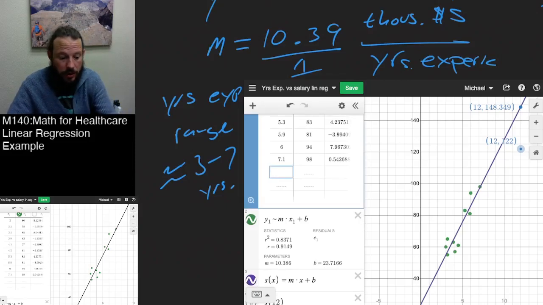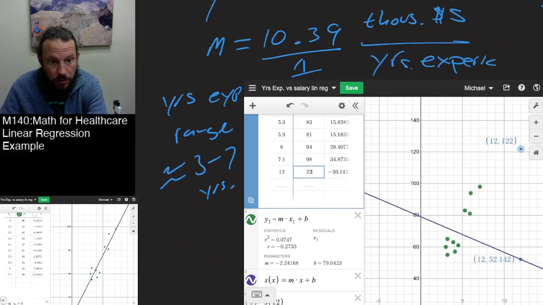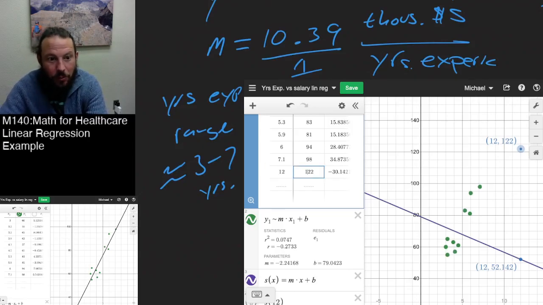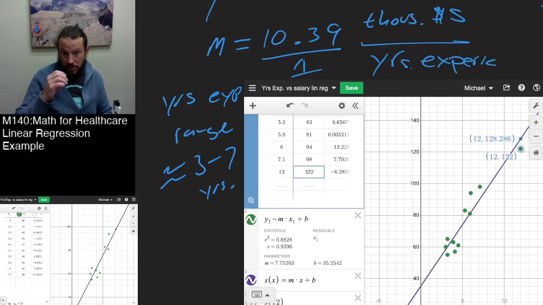Go ahead and plug that in. 12 and 122. Whoops, I watch those typos. 122. Okay, so now notice with my other points fixed, my M decreased, which would make sense because that 12, 122 pulled the line down a little bit.